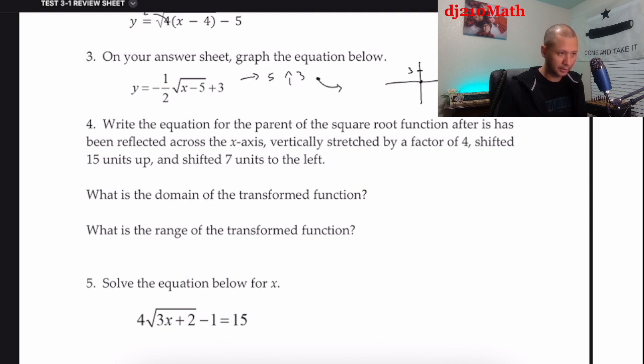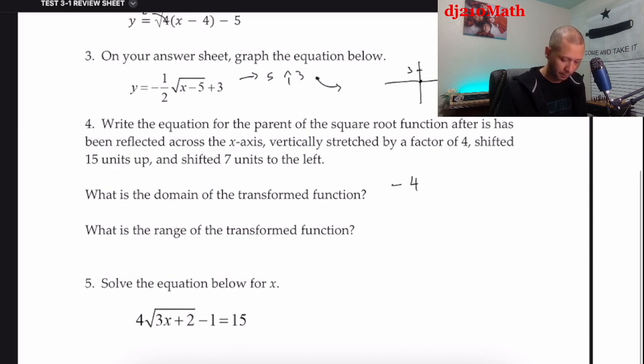So the inside is going to be positive. So this means negative, because it is reflected across the x-axis, by a factor of 4. Square root of x to the left is plus 7, and then up 15 units.